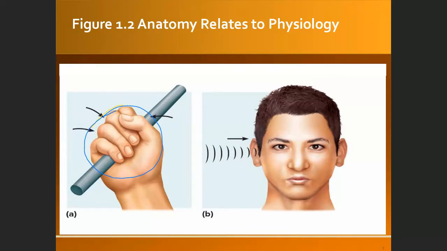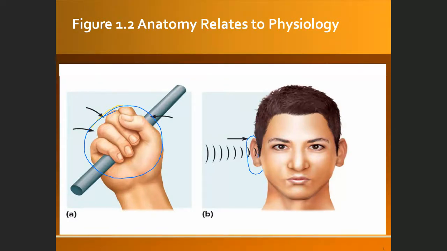The ear, for example, has an earlobe that helps us take in the sound wave. It receives the sound wave, and there is also a hole in the ear called the ear canal that receives the sound wave.